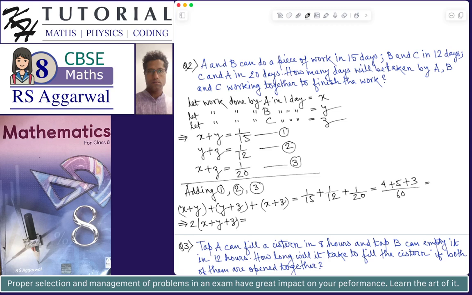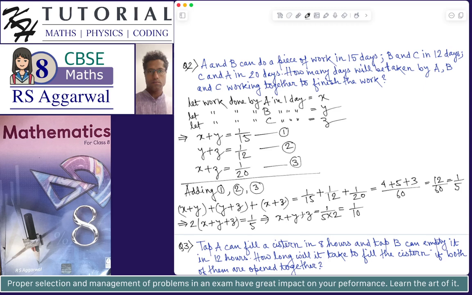This is equal to 12 by 60, which is equal to 1 by 5. So 2 times x plus y plus z is equal to 1 by 5. So x plus y plus z is equal to 1 by 5 multiplied by 1 by 2, which is 1 by 10.